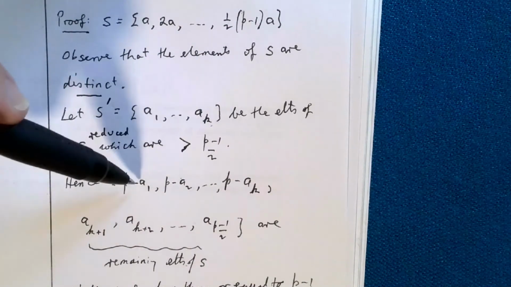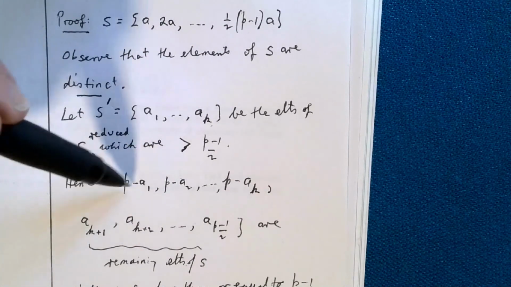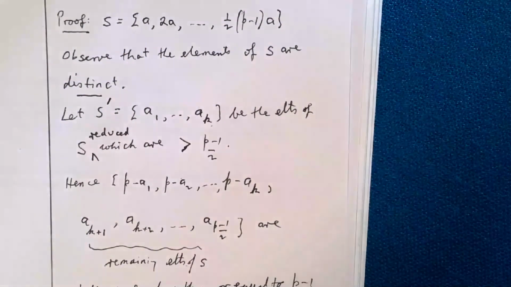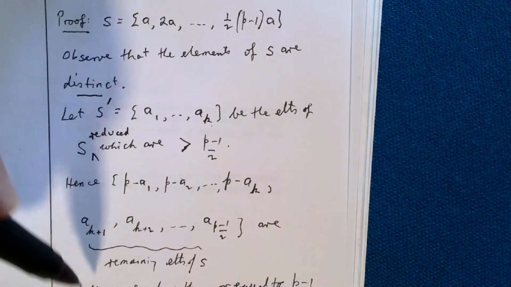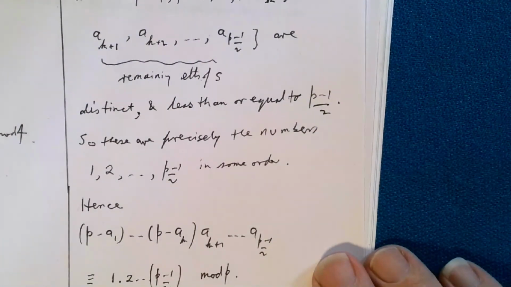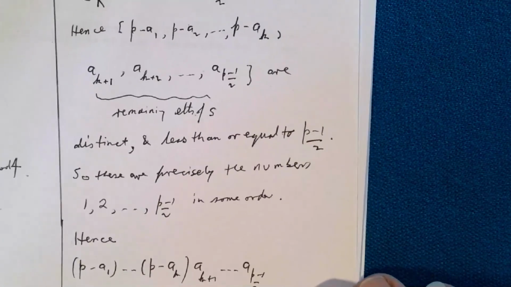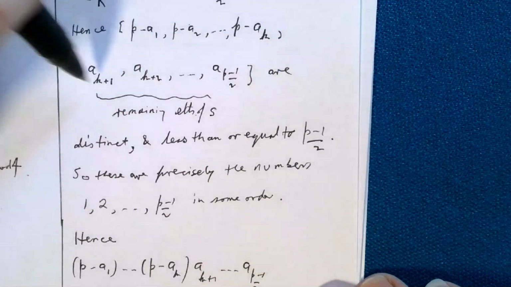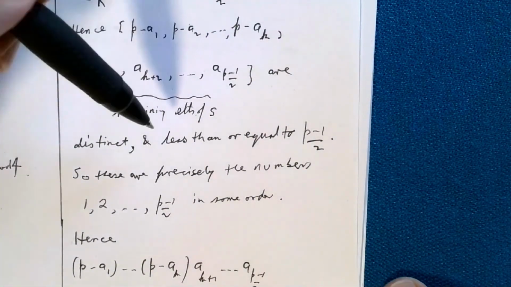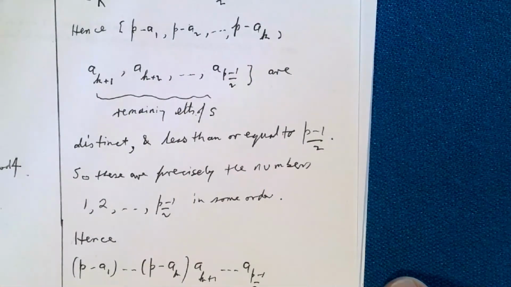And then I take p minus each of these, and so this list is also all the ones that are less than (p minus 1)/2. And these elements you need to check, these are all distinct. And if they're all distinct, then these numbers here listed are all the numbers that are less than or equal to (p minus 1)/2.